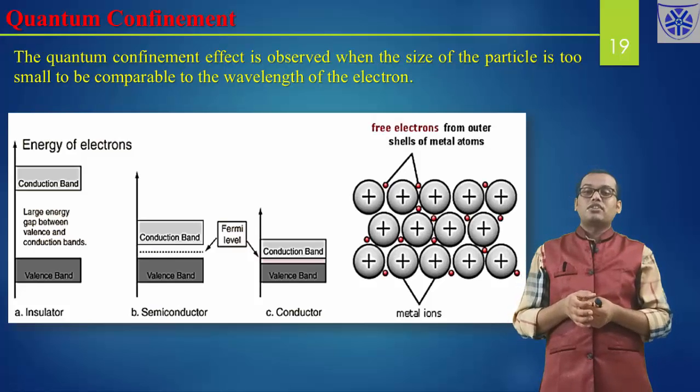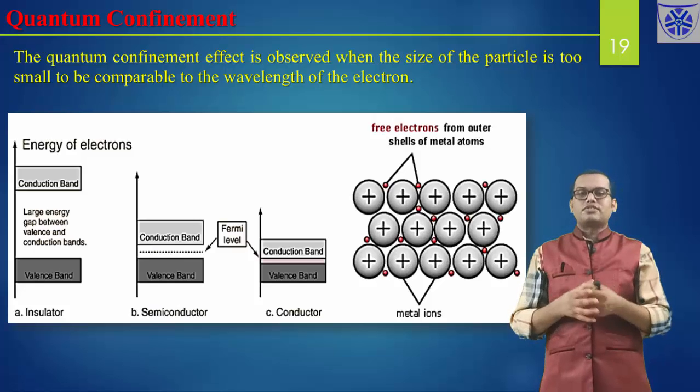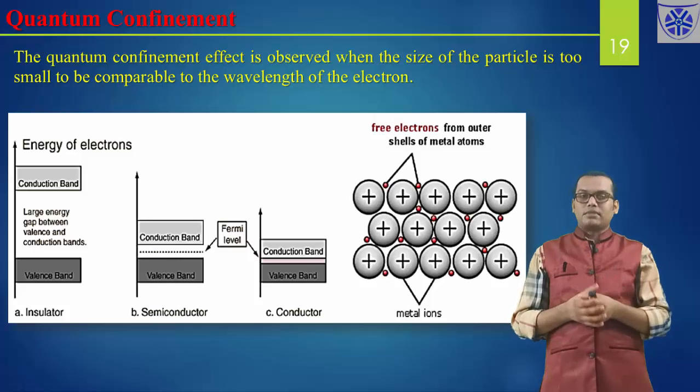That's why metal is a conductor, right? For a semiconductor, you need to provide extra energy to move an electron from the valence band to the conduction band. So this is the basic band theory.